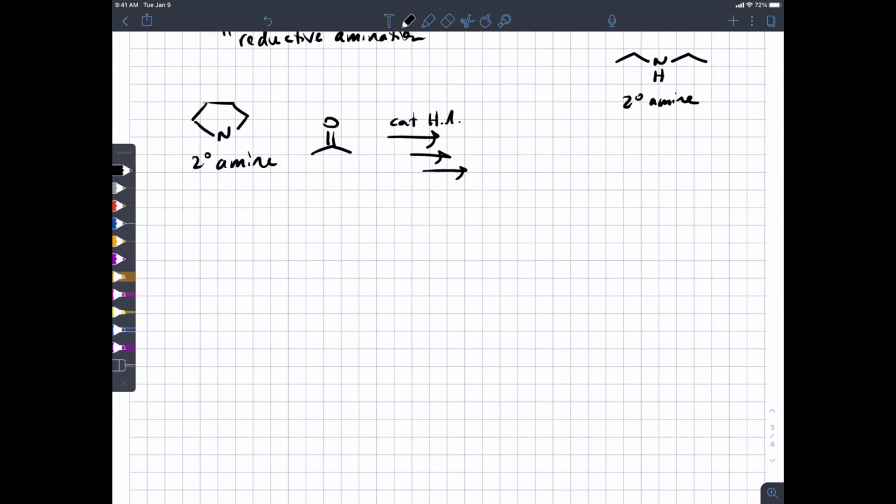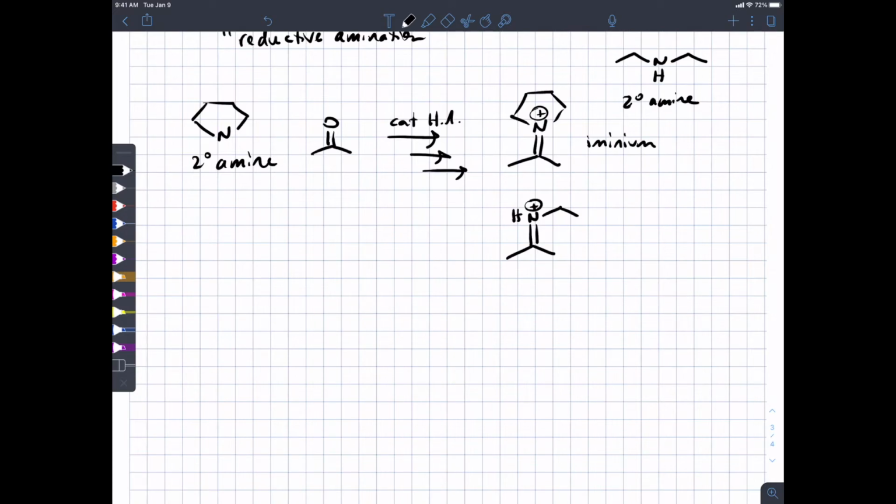The key problem, and we'll jump ahead several steps in the mechanism, is you get to the iminium ion, and in contrast to the iminium ion you get when you use the primary amine, there is no proton to remove to get to the neutral molecule, at least not on the nitrogen.